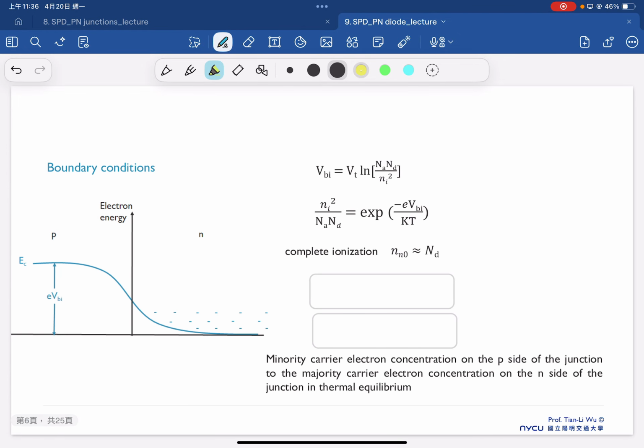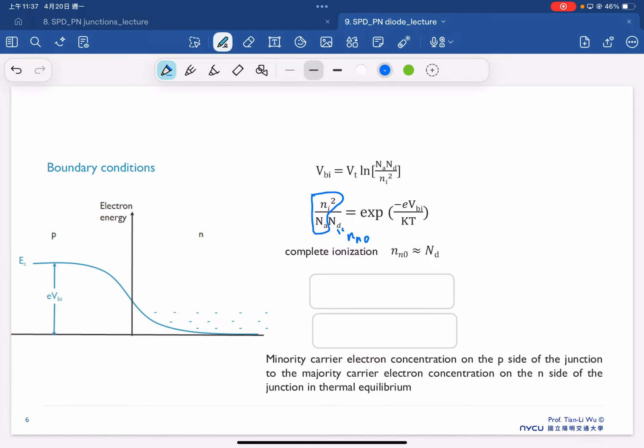So as usual, we're starting from the very basics, that we have the built-in voltage equation shown here, and we consider this term, this one, which is ND as N0 here.